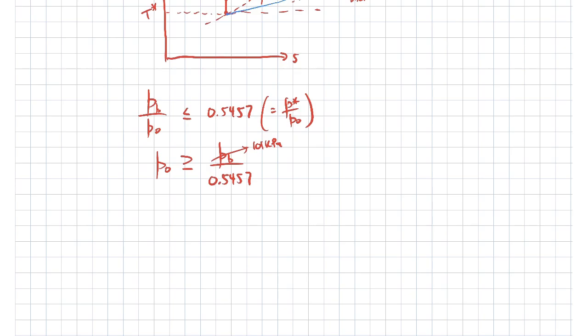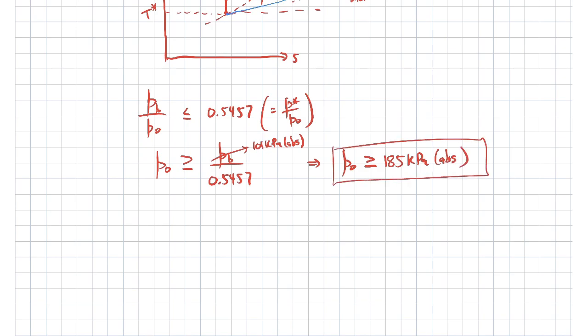It's still going into the same back pressure, right? So we can solve that, and what you'd find is that the cartridge pressure has to be above 185 kilopascals absolute in order for it to remain choked.